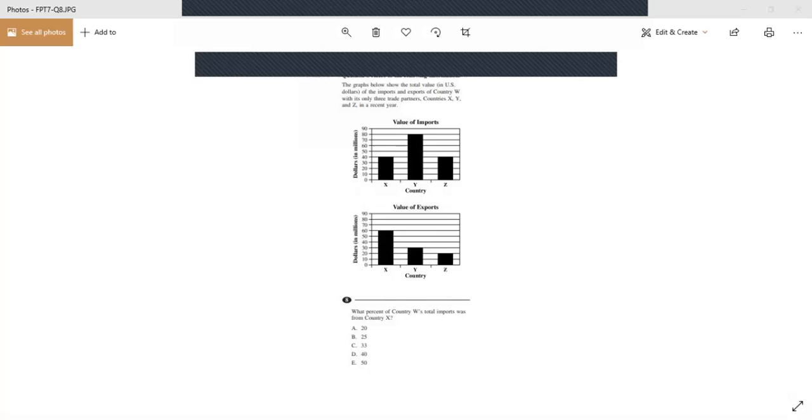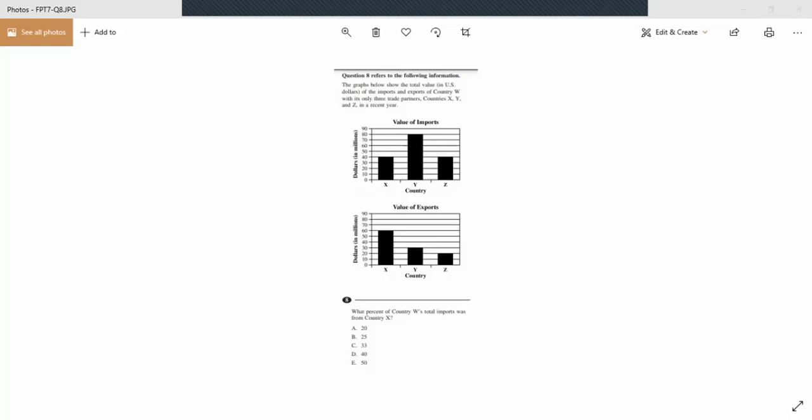All right. So the first thing you'll always do when you approach a question like this is begin by reading. So let's read. The graphs below show the total value in US dollars of the imports and exports of country W with its only 3 trade partners, countries X, Y, and Z, in a recent year. This paragraph tells us something about the graphs we're about to encounter.